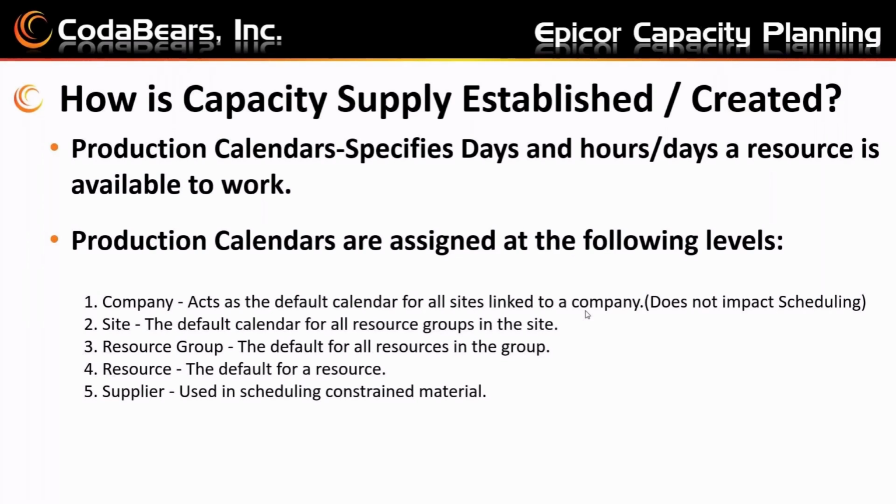For instance, if you're here in the US, your suppliers are most often going to be using the pretty standard calendar that is US federal holidays. But if they're in Europe or in Asia, there are different holidays. So you can have that set at the supplier level too. And that's going to constrain that supplier, resource, or resource group based on the calendar.